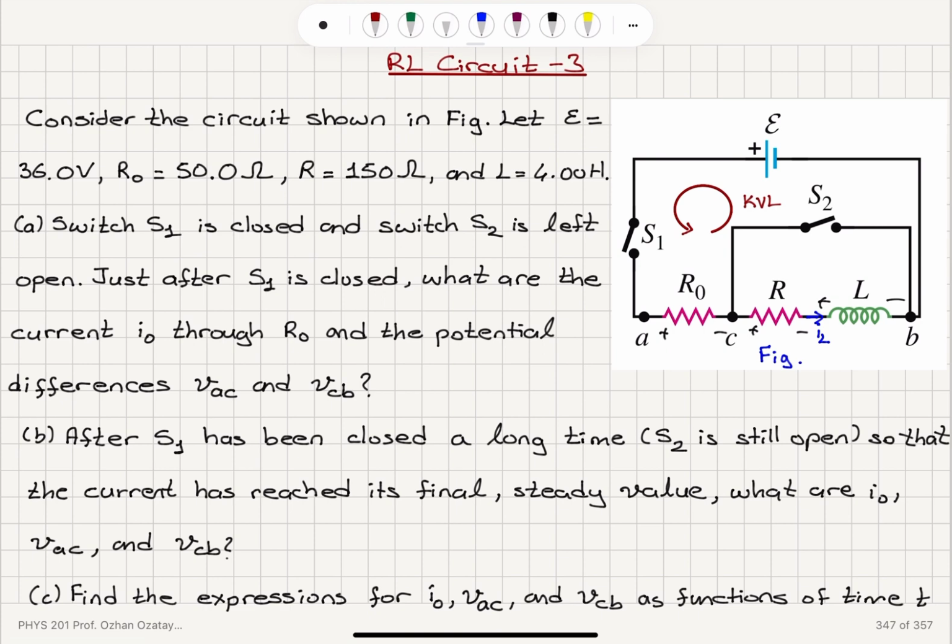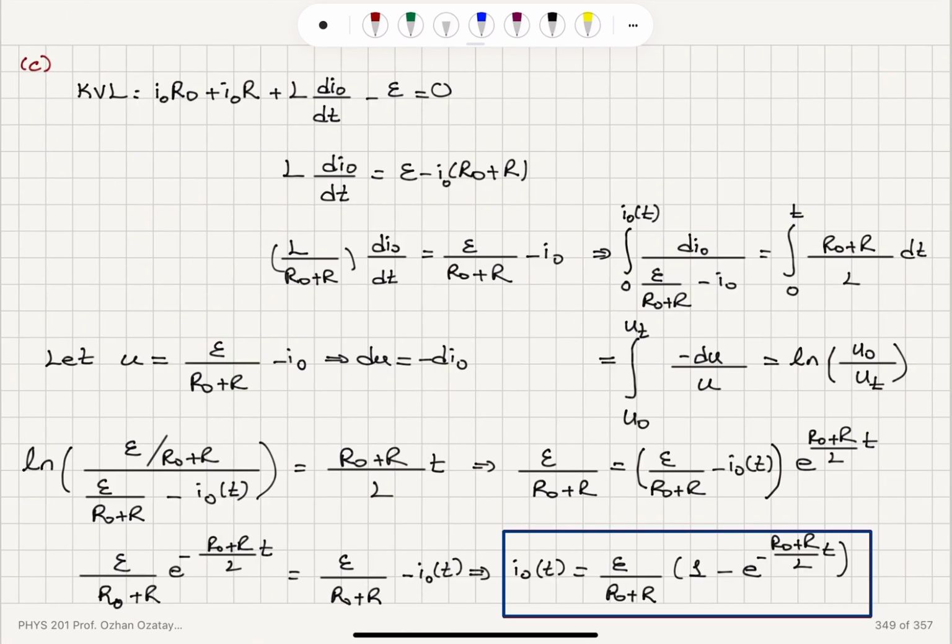And in order to solve for the time dependence of the current and the voltages, I have written Kirchhoff voltage law. After the switch was closed, I have I0R0, I0R, and L dI/dt, the voltage across the inductor, equal to epsilon. Solving this equation by isolating I0 on one side and time on the other side and integrating from t equal to 0 to t, I can obtain I0 as a function of time, as you can see here.